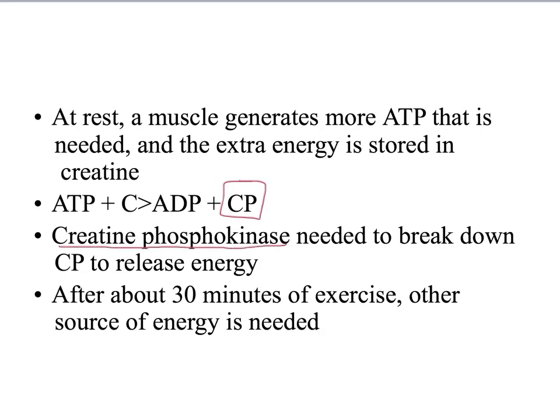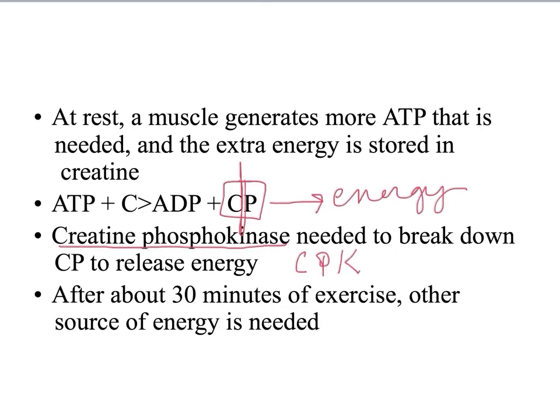That is an enzyme that is used to break this back apart when your body is needing to release that extra energy. So if you, for example, let's say you run a marathon and you have blood work done the day after, you're going to see a high level of what they call CPK, or creatine phosphokinase, because the creatine phosphokinase was needed to break this down to release the energy in those bonds.